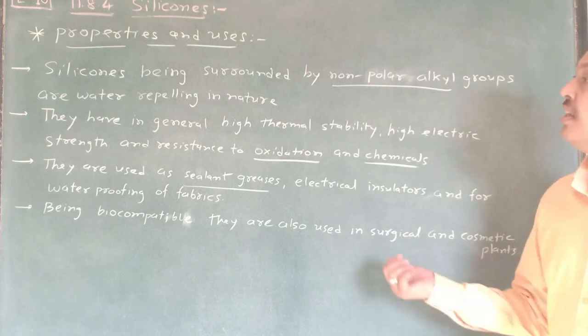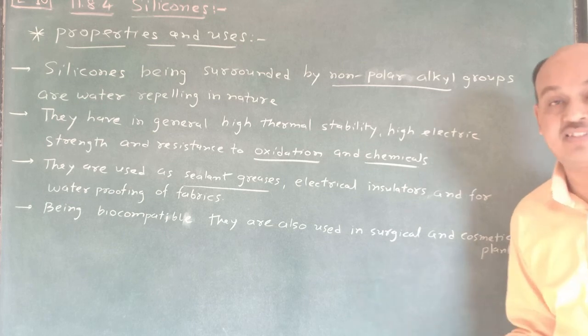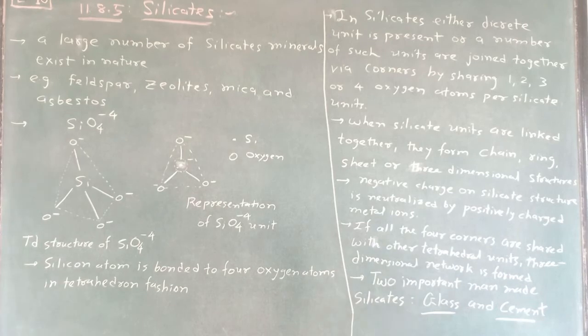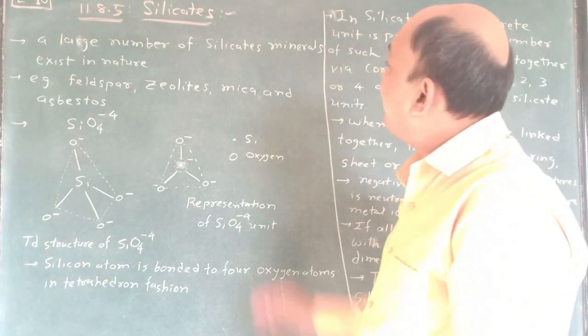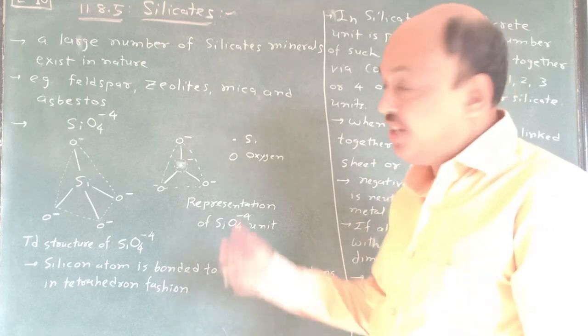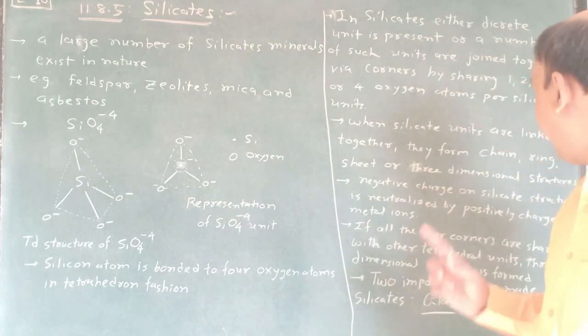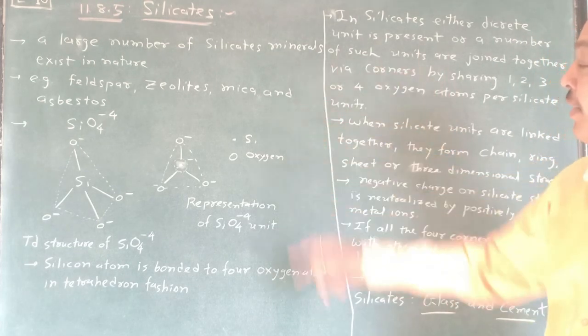Now we see the next topic, 11.8.5, and that is nothing but silicates. Write it completely. Now here, 11.8.5 silicates. A large number of silicate minerals exist in nature. You know this one, cement and glass are important man-made silicates. Remember this one, it's very important.